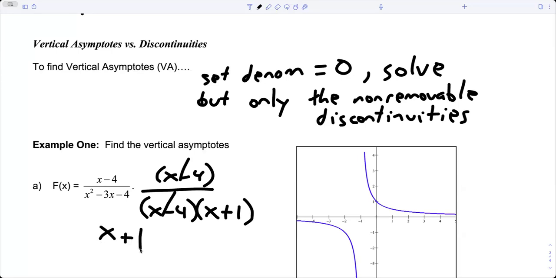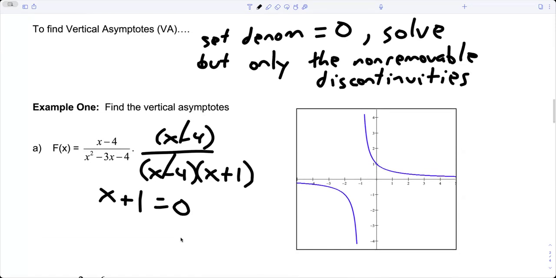And then I'm going to take x plus 1, what's left in the denominator, set it equal to 0 and solve. That's going to give me x is equal to -1. Therefore, I have a vertical asymptote at x is equal to -1.